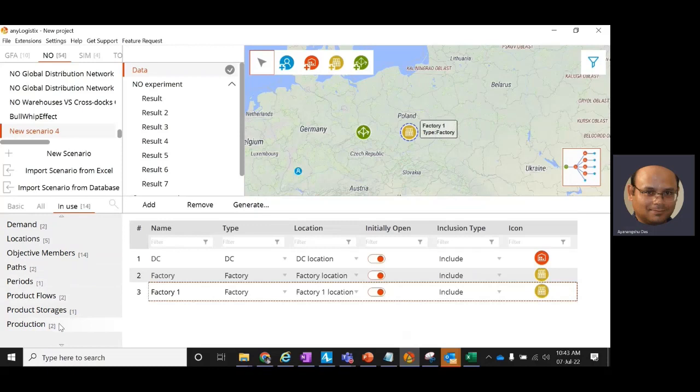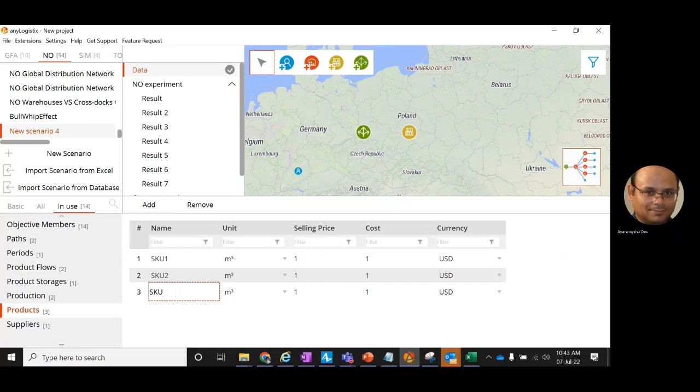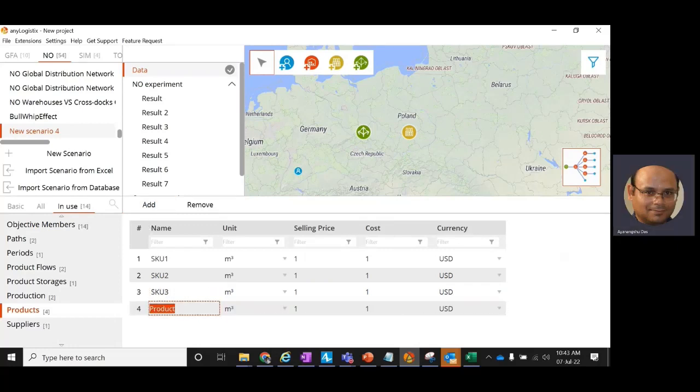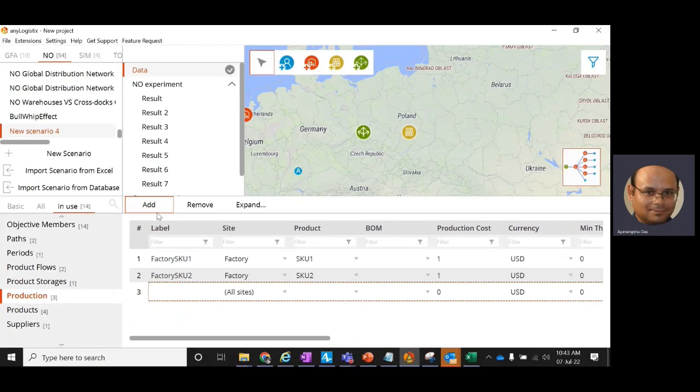Now we will create more products. In addition to SKU 1 and 2, we will add SKU 3 and 4, and we will add these as production capacity.